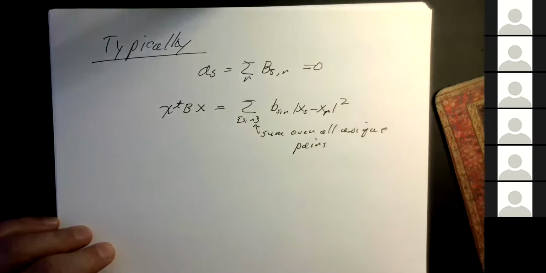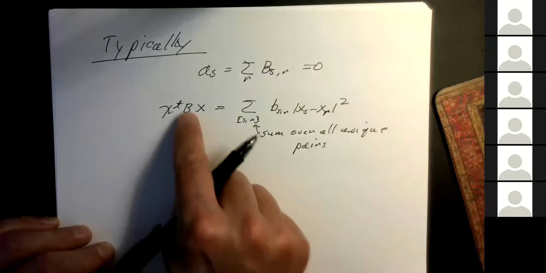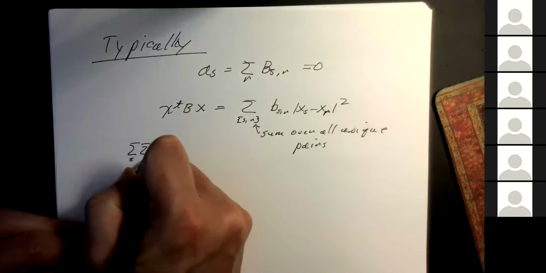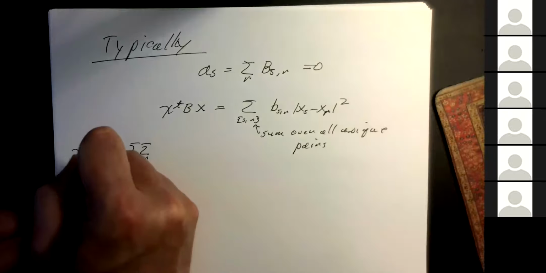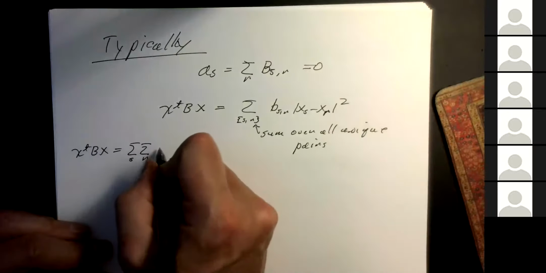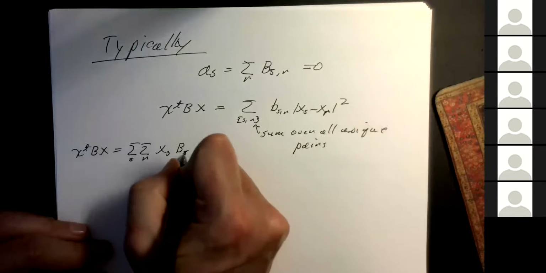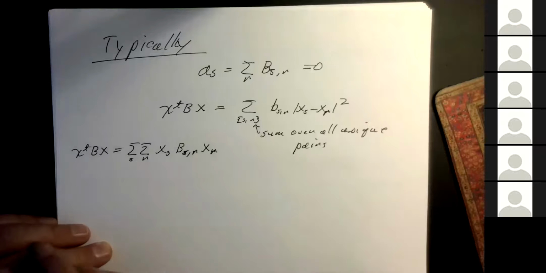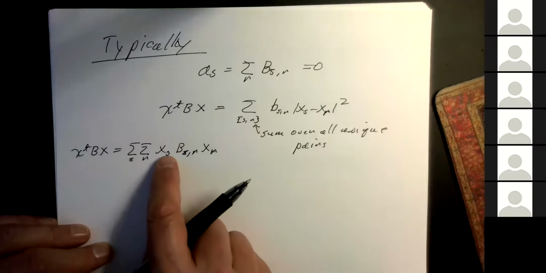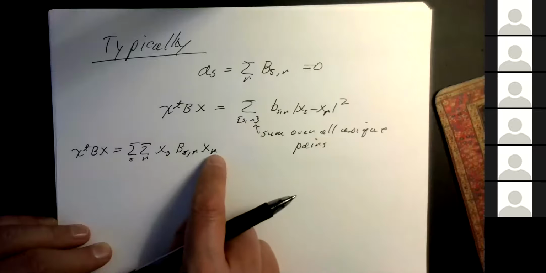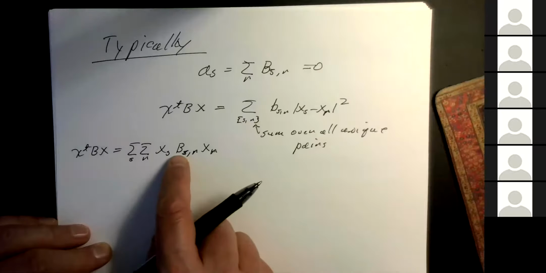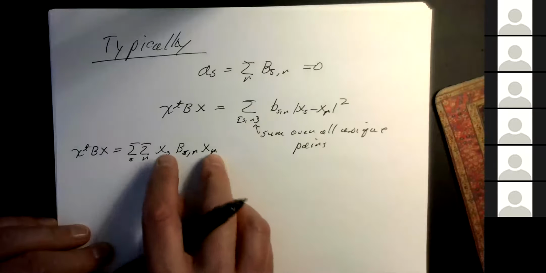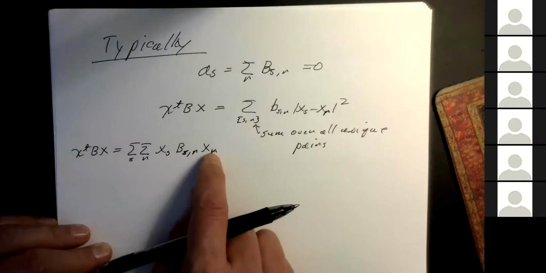So here's the thing. When you're summing over the pixels, and when you sum over this matrix, you have the sum over S, the sum over R. So X transpose BX is equal to the sum over S and R of XS times BSR times XR. Now, when you sum over this, you sum over every value of S and every value of R. B is a symmetric matrix, so BSR is equal to BRS. So what ends up happening is you sum over each of these terms twice, except on the diagonal.